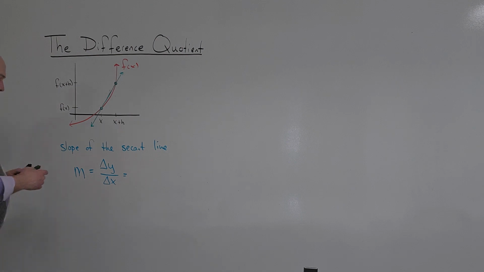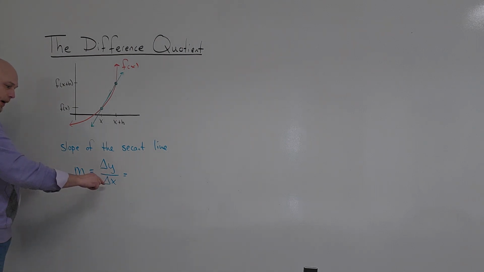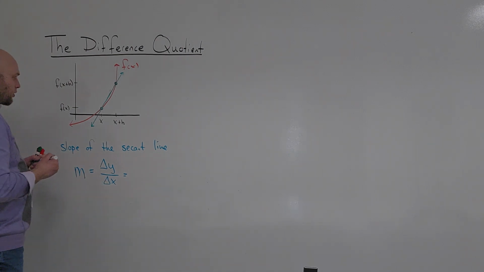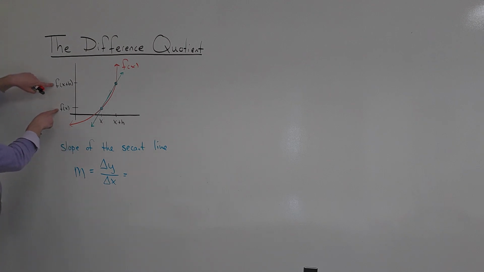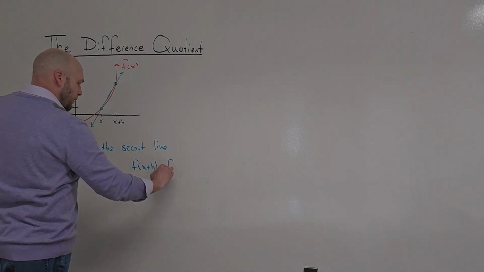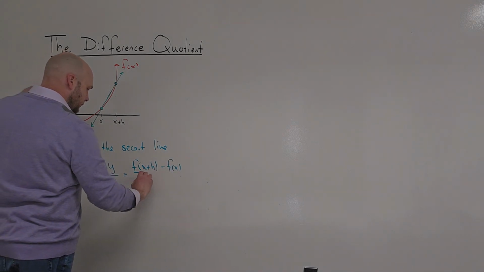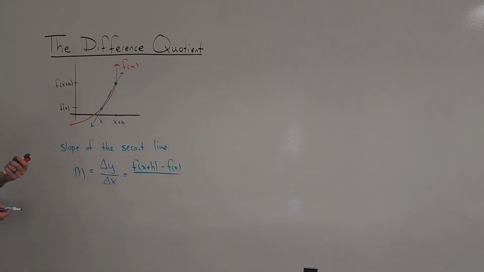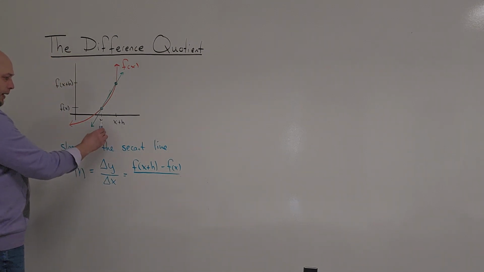Slope of the secant line, of course, is the change in the y divided by the change in the x. The change in the y would be the change in these two values, which would be f of x plus h minus f of x. And the change in the x values would be x plus h minus x.